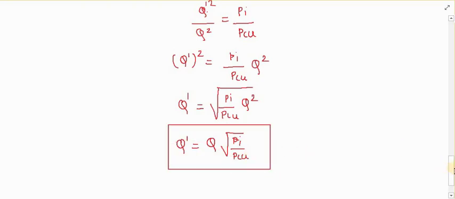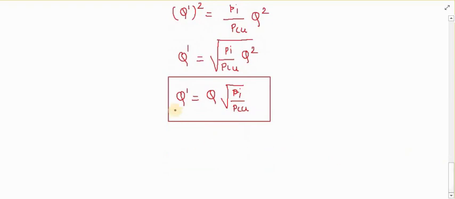Thus for a transformer, this is the kVA corresponding to maximum efficiency. This one is your full load kVA. This one is your iron loss.